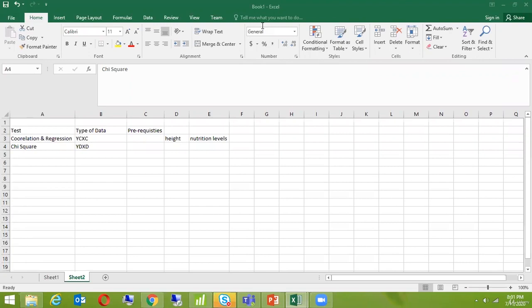Accuracy percentage, very good, versus attribute. Any attribute anybody wants to talk about? I need at least 3 examples of chi-square. It's one of the most common tools that we use in Six Sigma.